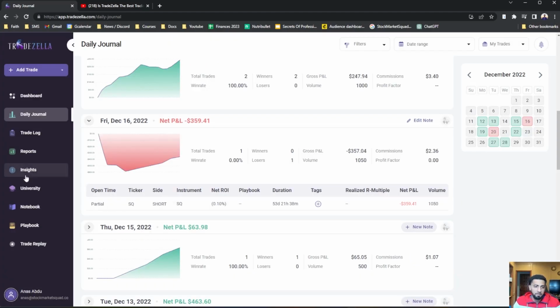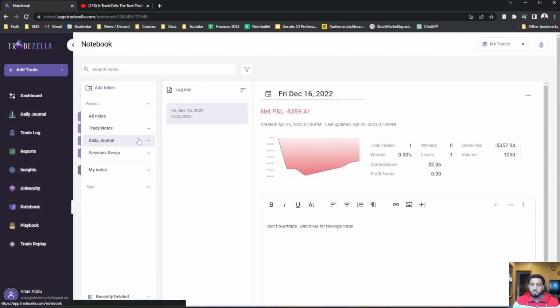As soon as you save that, you go to your notebook, everything is put into your notebook. So all of your insights are included in the section, regardless of what day it was made. So it's easy, and when you're reviewing your own trades and your own reflections, it's going to be very easy to access.